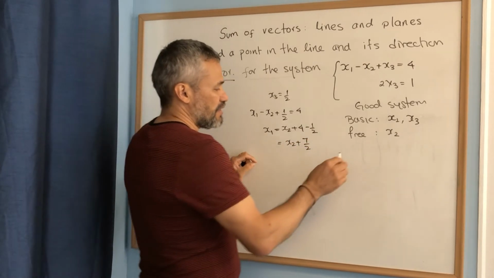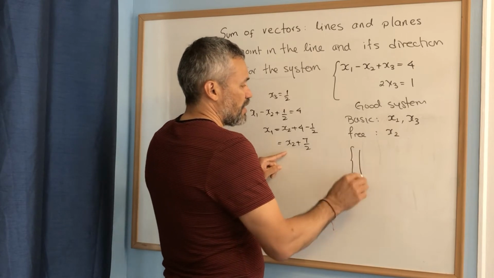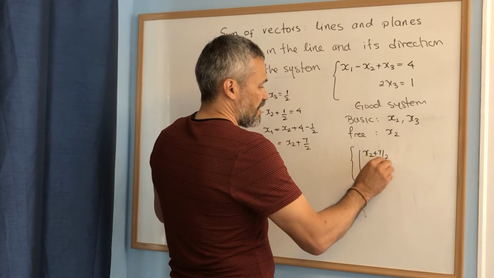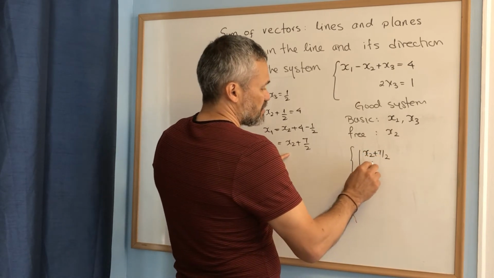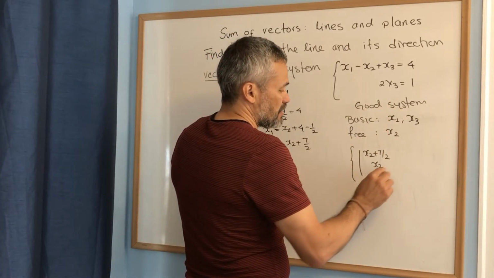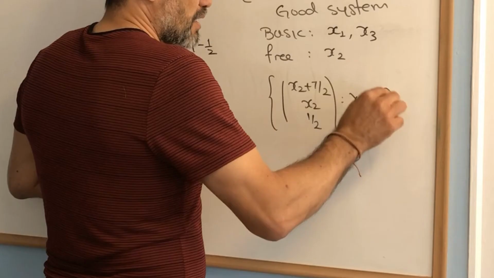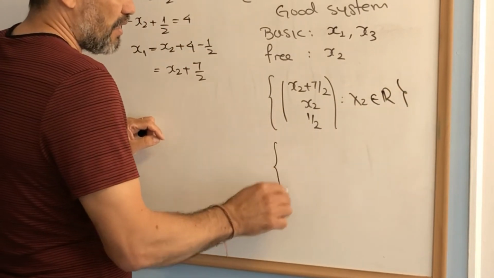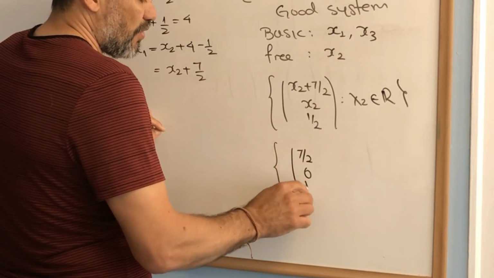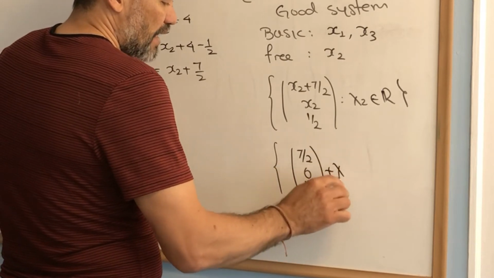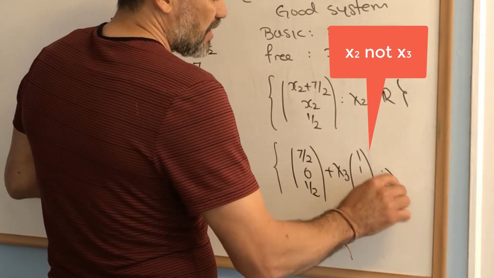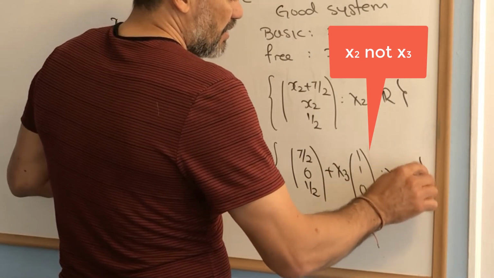7/2. Then the solution set is going to be x1 is x2 plus 7/2, x2 is free, so x2 is just x2, and x3 is 1/2, such that x2 is a real number. Then I can rewrite this in this form: 7/2, 0, 1/2 plus x2 times 1, 1, 0, such that x2 is a real number.